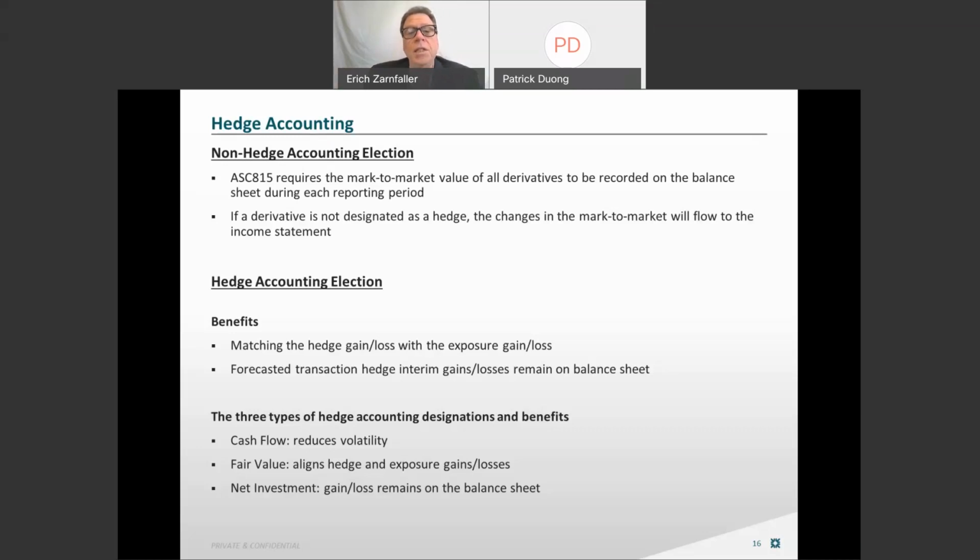To elect hedge accounting treatment, there are certain exposure qualifications that must be met, upfront documentation requirements for the hedges, and upfront effectiveness measurement, which is also conducted through the life of the exposure. We start with the cash flow hedge designation on the next slide.